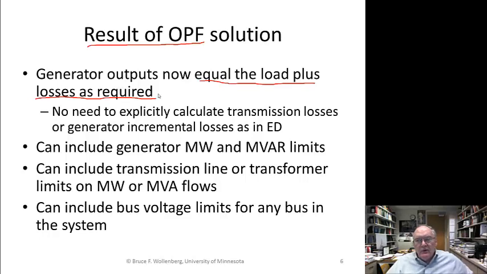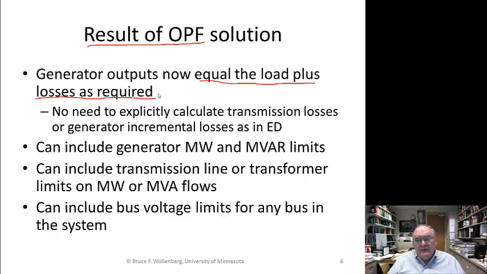Now, earlier people had come up with approximate functions, the so-called B matrix equations and so forth. But in truth, the only way to really get the economic dispatch to balance with the power flow is to solve the economic dispatch, put the generations into the power flow, solve the power flow, calculate the losses, go back to the economic dispatch, iterating back and forth, and it would converge.